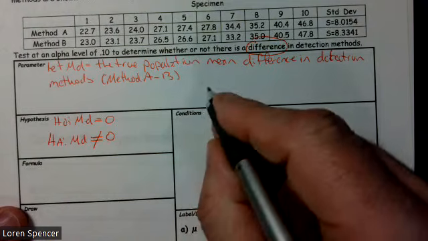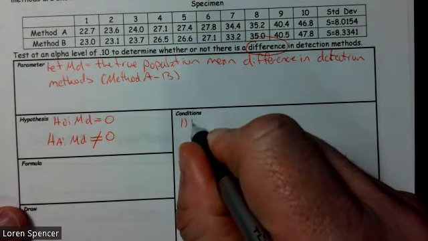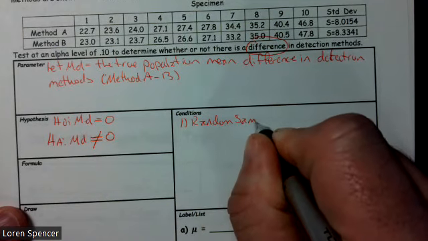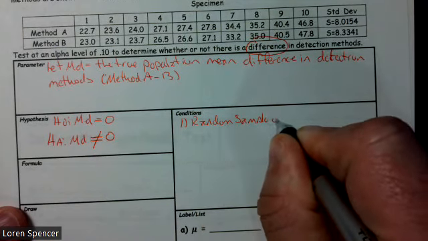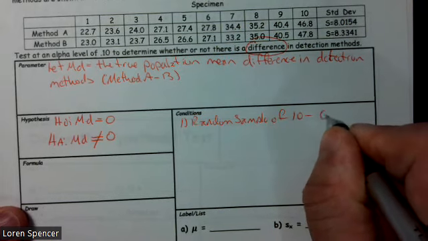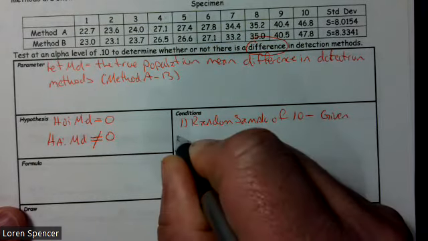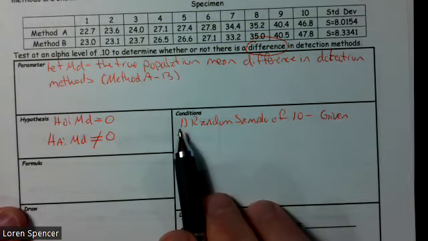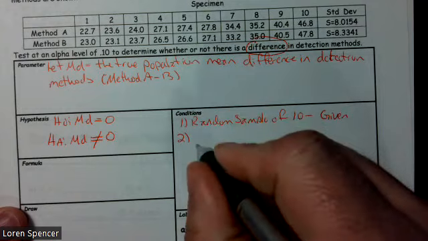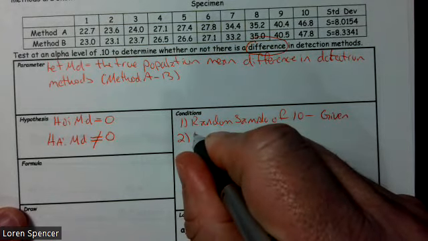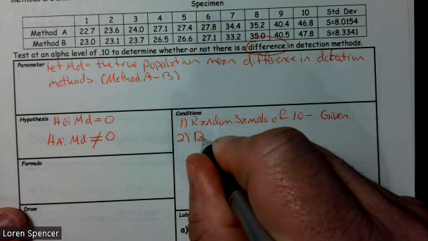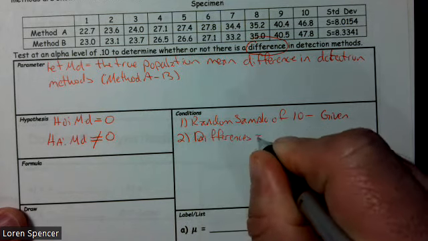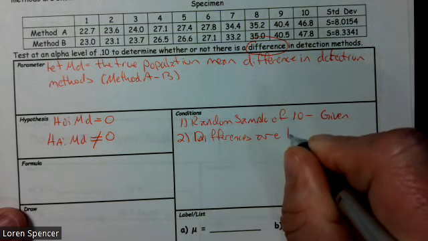All right, so our conditions. The first condition, random sample. Well, they told us it was a random sample, of size 10, and that was given. Number two, we need to know that the differences are independent because it's a random sample. Differences are independent.